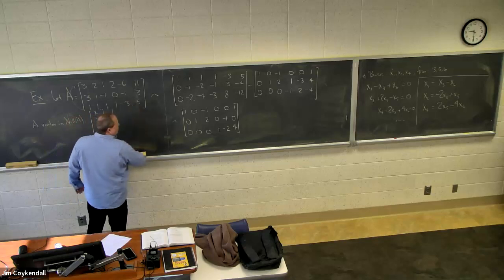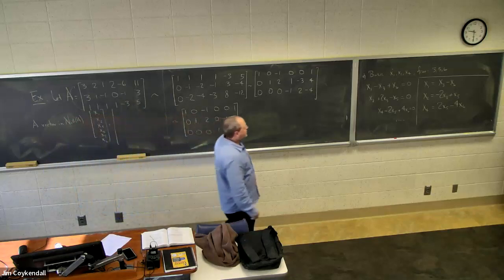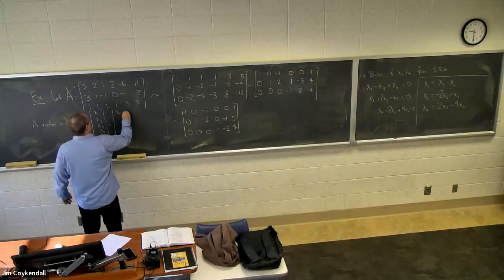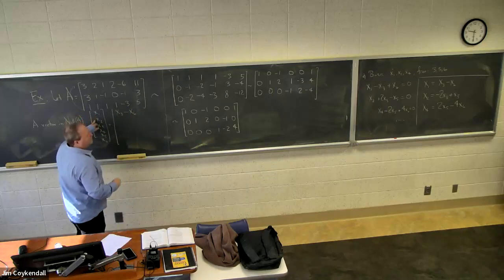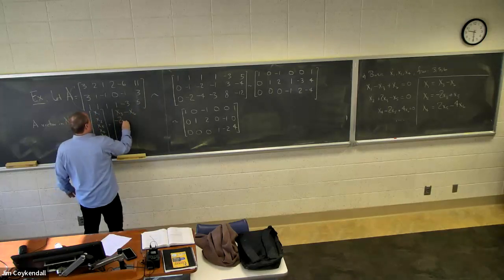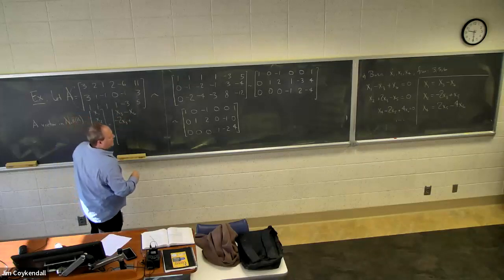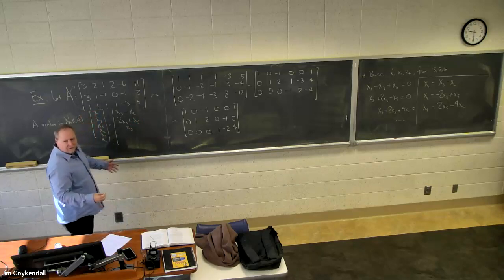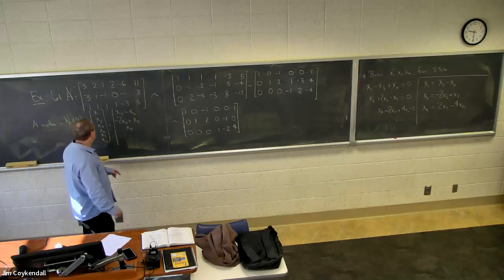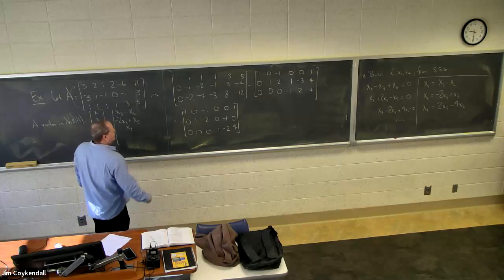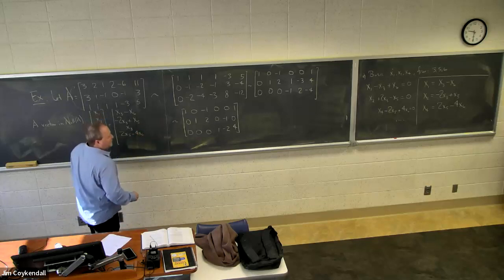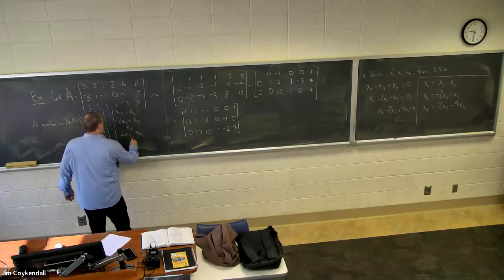The equations are going to tell me what's what here. x1 is x3 minus x6. x2 is minus 2x3 plus x5. x3 is free, so it is what it is. Just got to write it down. x4 is 2x5 minus 4x6. x5 is free, and x6 is free. And there you go.